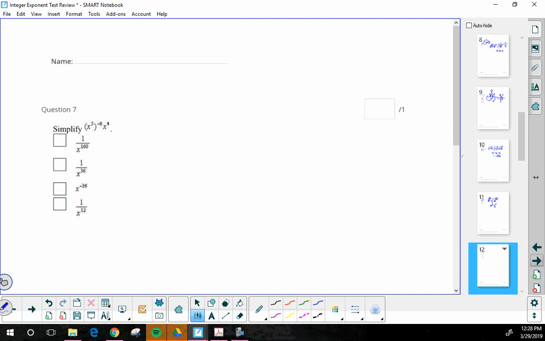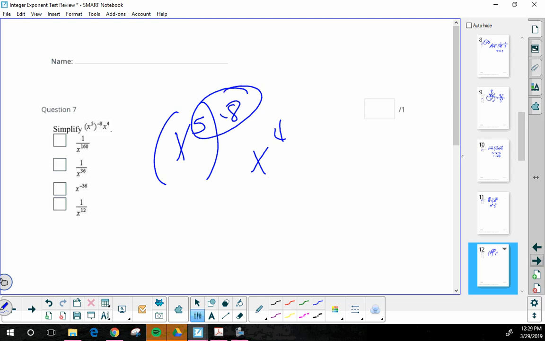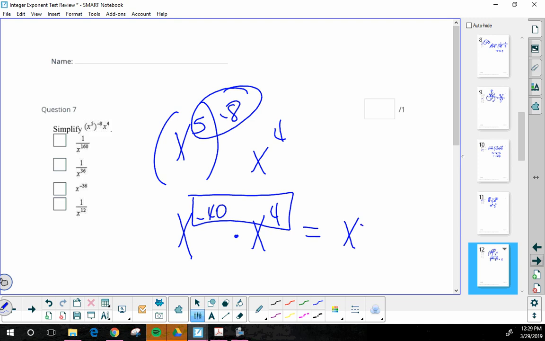Moving on to question 7, I have x to the 5th to the -8 power and x to the 4th. Well, this is a power to a power, so now you multiply the exponents instead of adding them. So that leaves us with x to the -40 times x to the 4th. And so now we're back to adding these exponents, which leaves us with x to the -36, which is 1 over x to the 36th power, which is this answer right here.